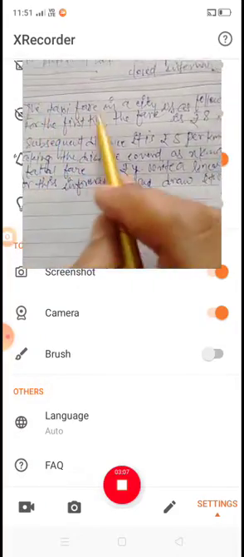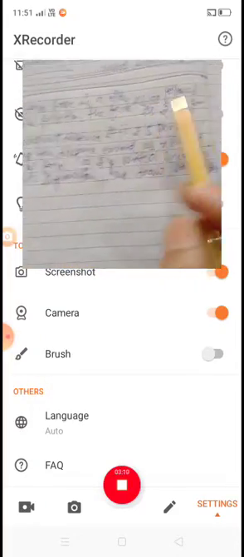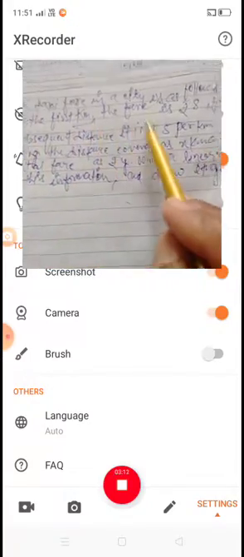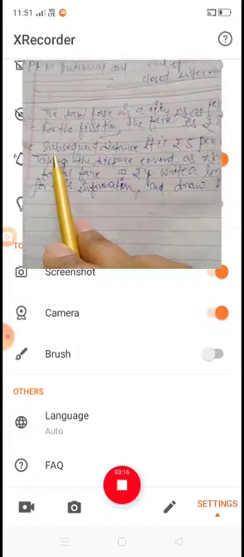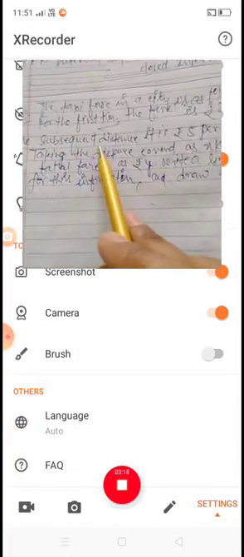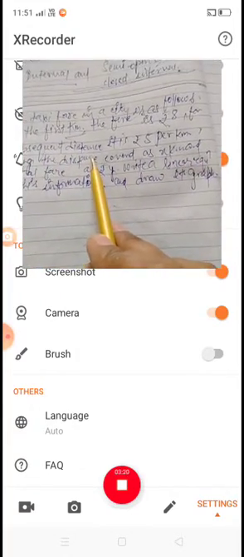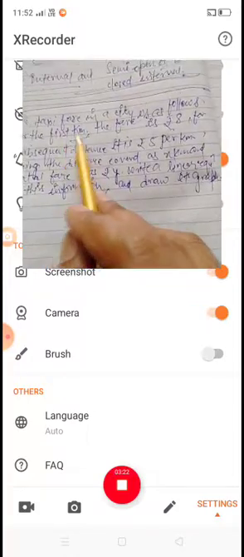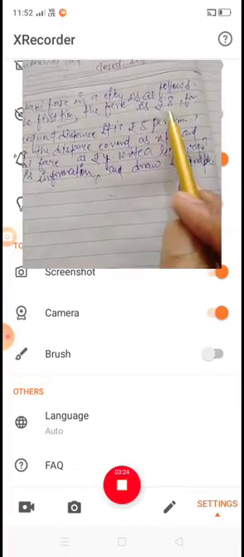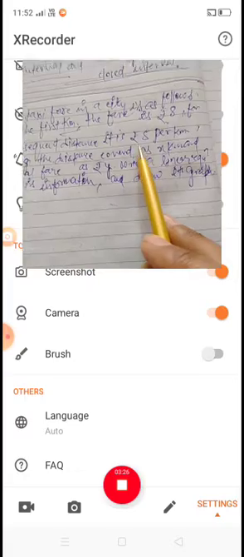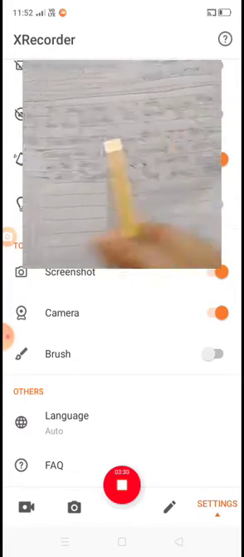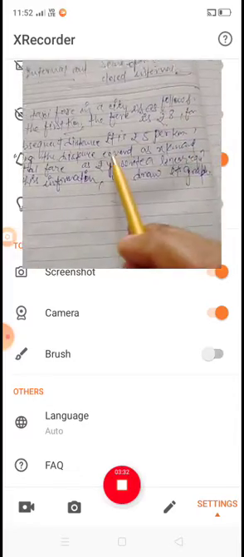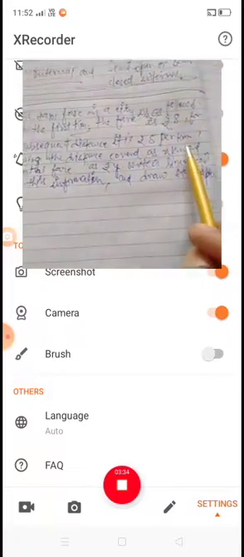Your question is: the taxi fare in a city is as follows. For the first kilometer, the fare is rupees 8. For the subsequent distance, it is rupees 5 per kilometer.